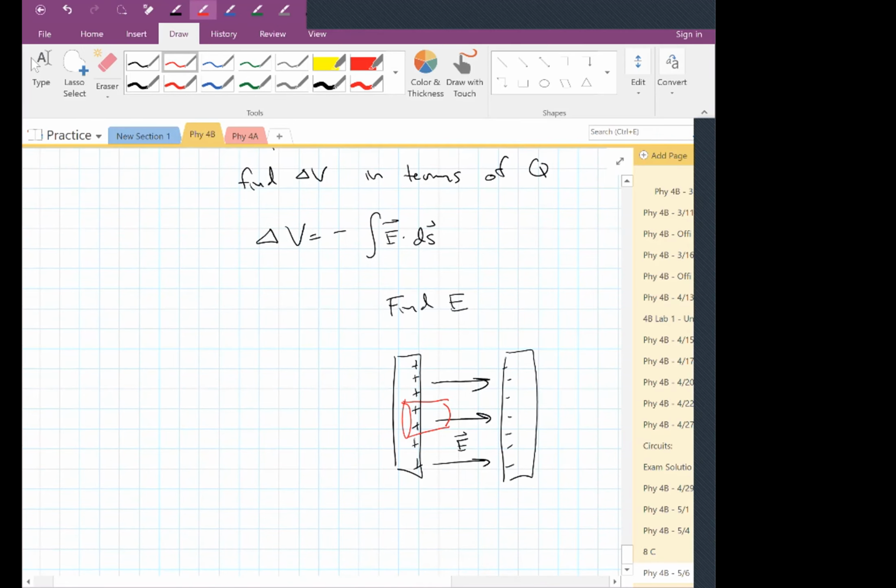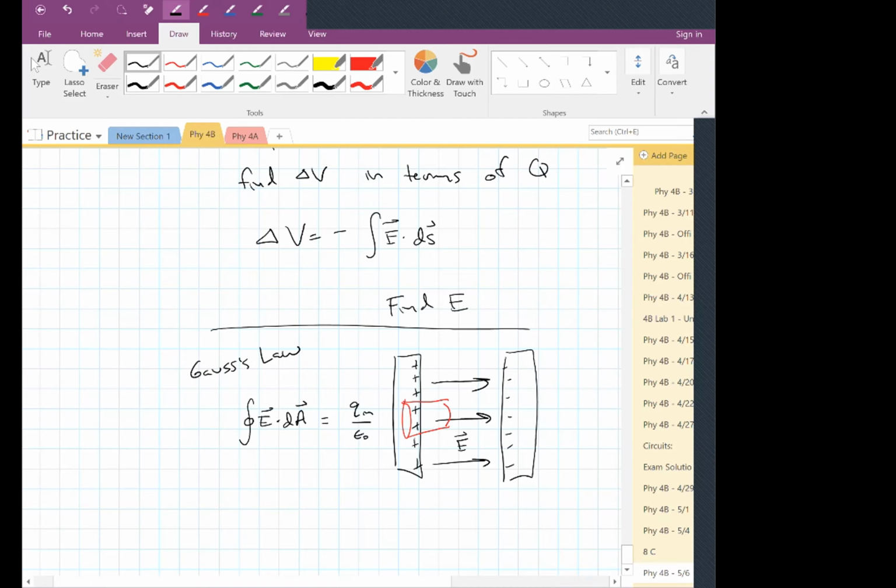And we say the integral E dot dA over all the surfaces that make up our enclosed Gaussian shape has to equal Q inside over epsilon naught.